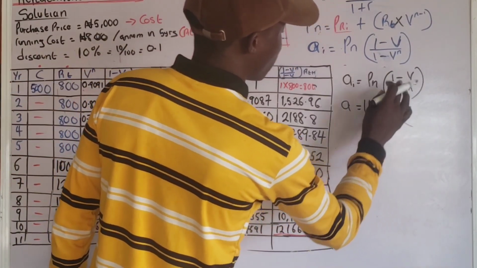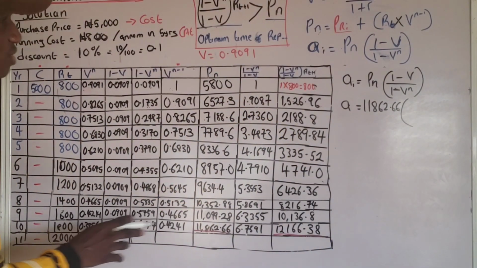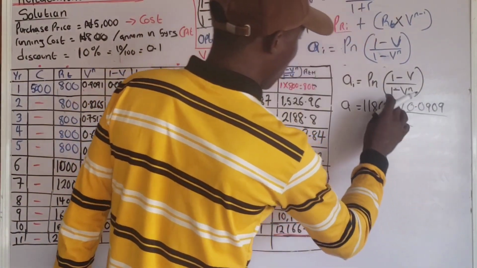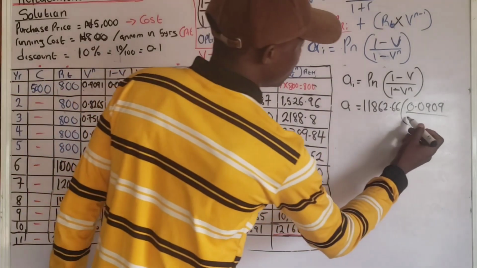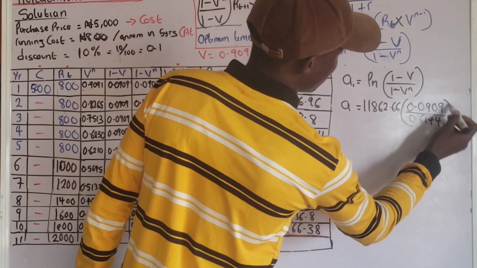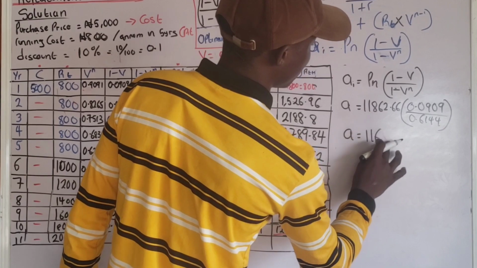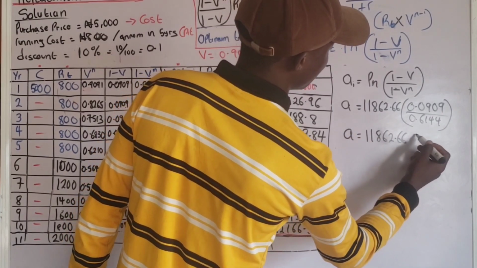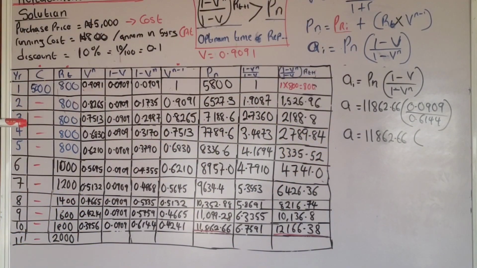So I'm going to have 11,862.66 multiplied by 1 minus V of the 10th year, which is 0.0909, all over 1 minus V raised to the power of n, that is 0.6144. So A is equal to 11,862.66 multiplied by, let me put it in bracket, 0.0909 divided by 0.6144.